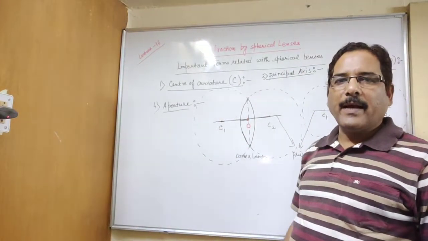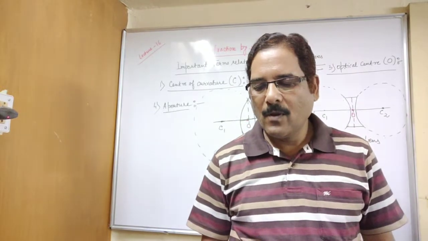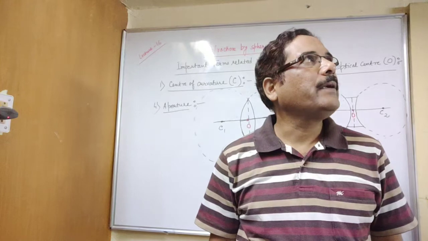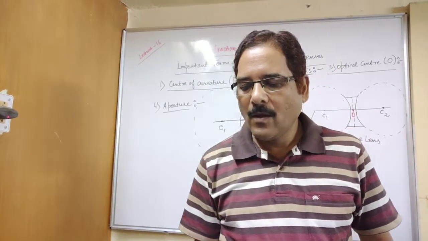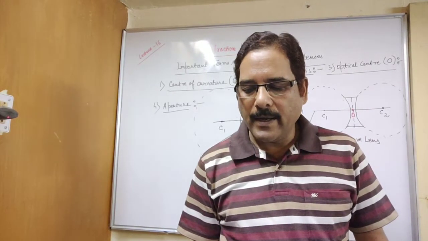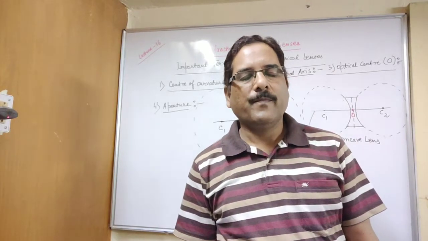Write: the effective diameter of the circular outline of a spherical lens is called its aperture.